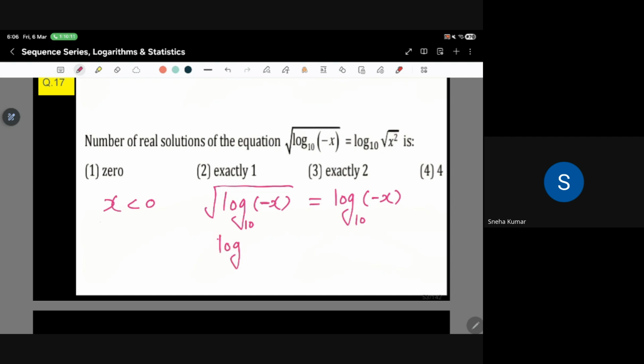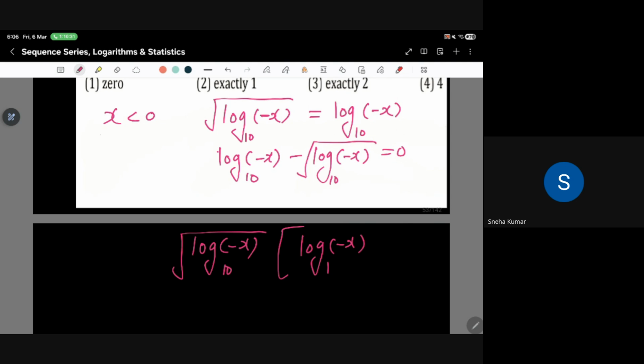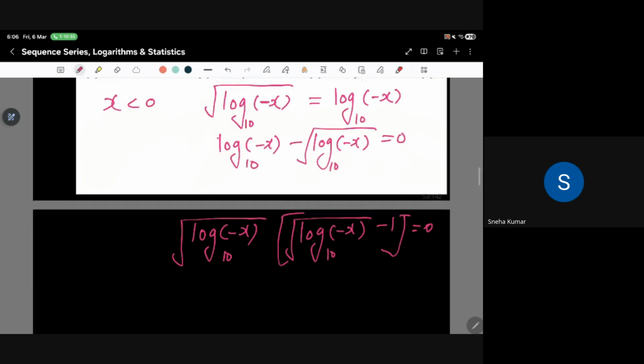Now, one thing is that you can shift this LHS onto the RHS. Take out root log of minus x base 10 as a common. So this will become 0 when x becomes minus 1.